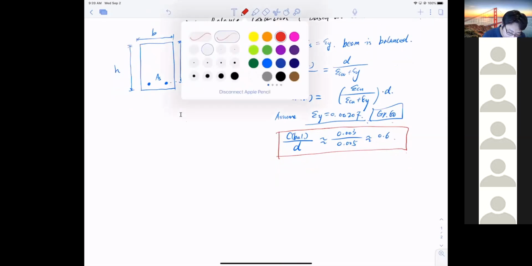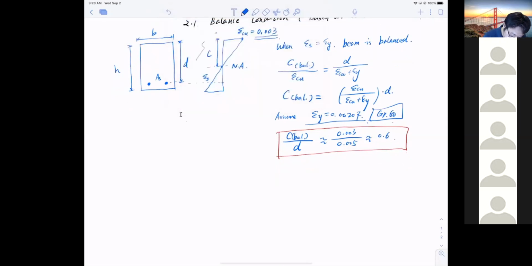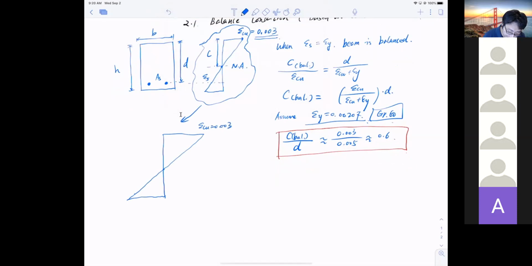So I'm going to mark this shape and zoom in to show you something. This is the strain distribution. At the balance point, epsilon Cu is equal to 0.003.